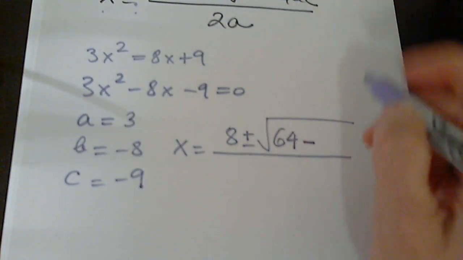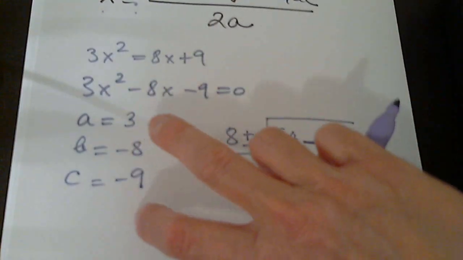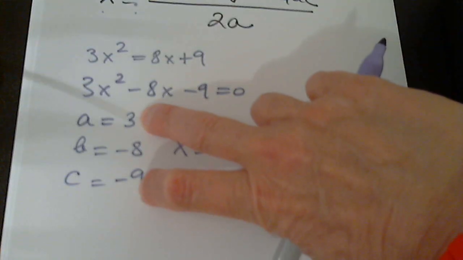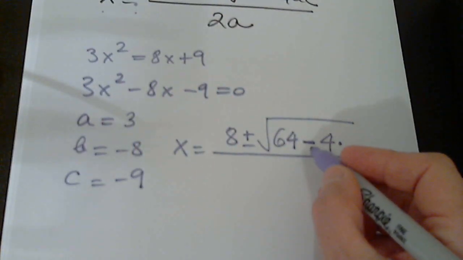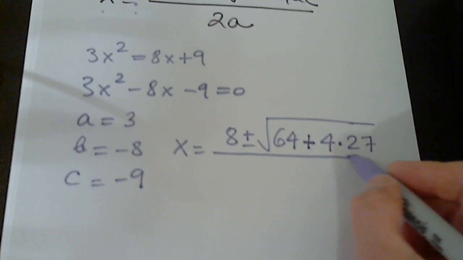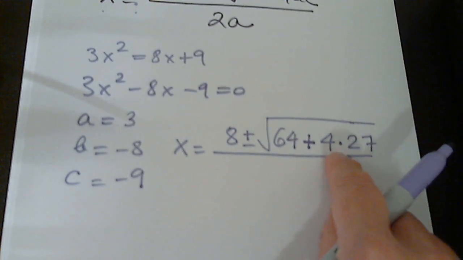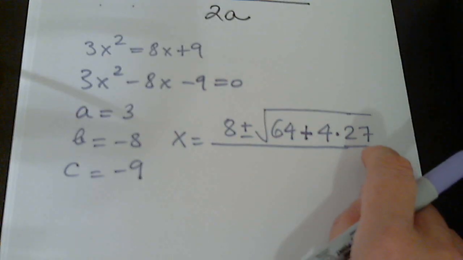Then I have 4 times 3 times C. Let's multiply A and C. -27. Correct. Because I have a negative here, I will change this into positive immediately. So I don't have to put more parentheses, because remember, multiplication and subtraction symbols cannot sit in the vicinity of each other.